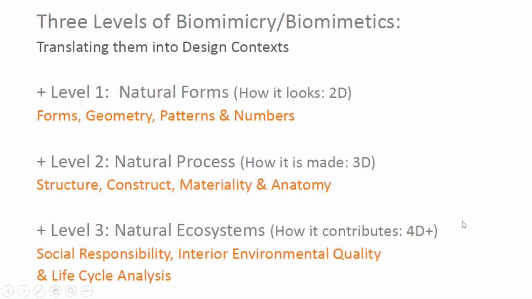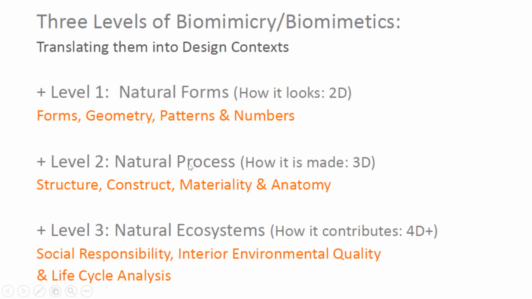So these shapes and patterns could take you somewhere in your design. You could distribute your resources on your map, following and mimicking these different geometries that you see in front of you. So biomimicry is emulating nature's design and using it for our own benefit. The first way of mimicking nature and translating it into design context is by looking at the natural form, the geometry, the patterns, and the numbers, just like we saw in the previous slide.